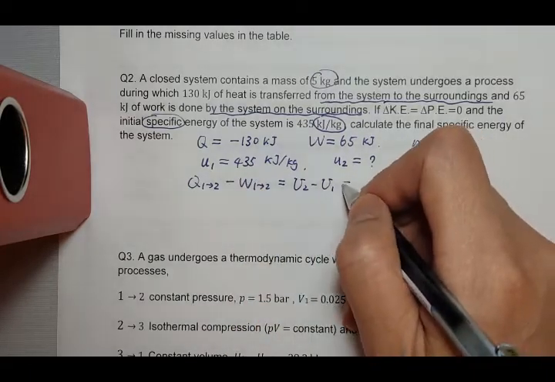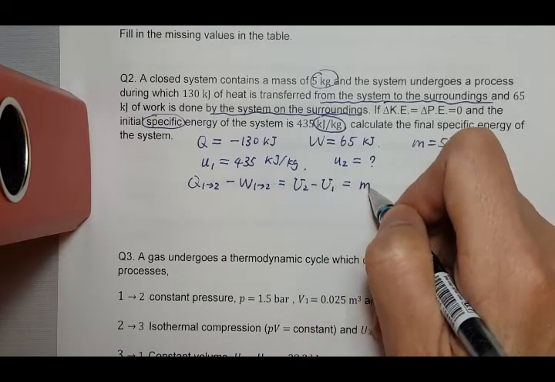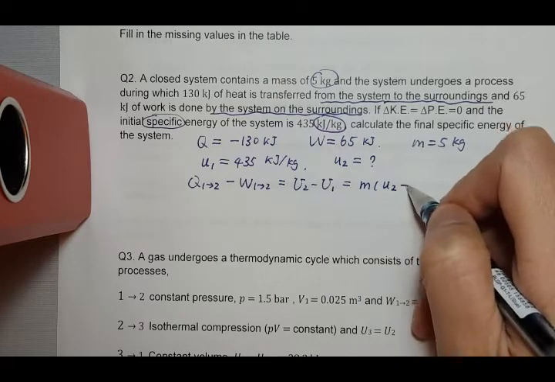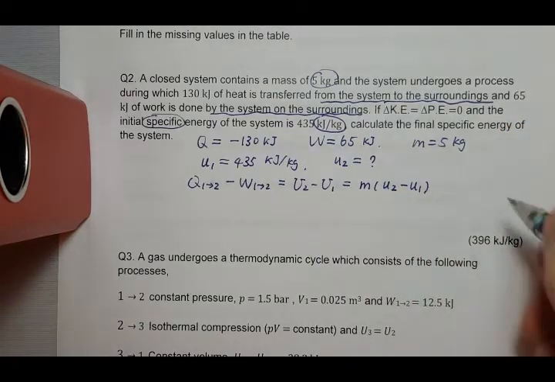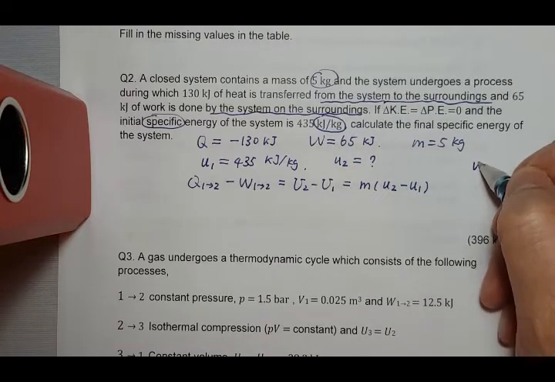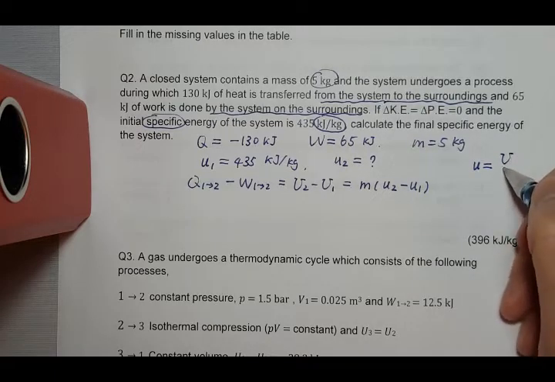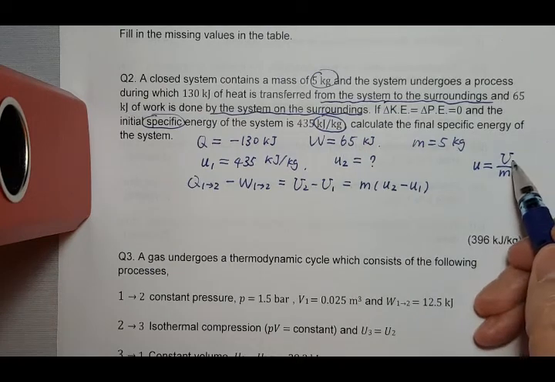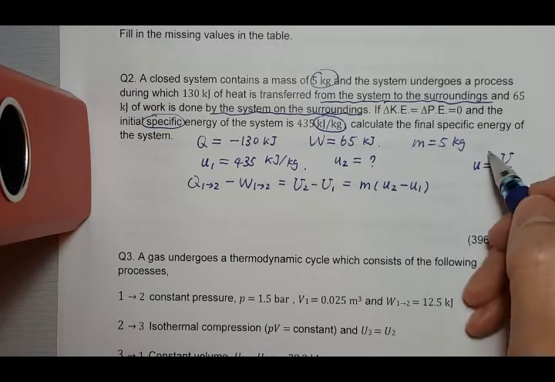So we need to convert, basically multiplying by m, because any specific form is defined as the capital letter divided by m. So the capital U is equal to m times the lowercase u.